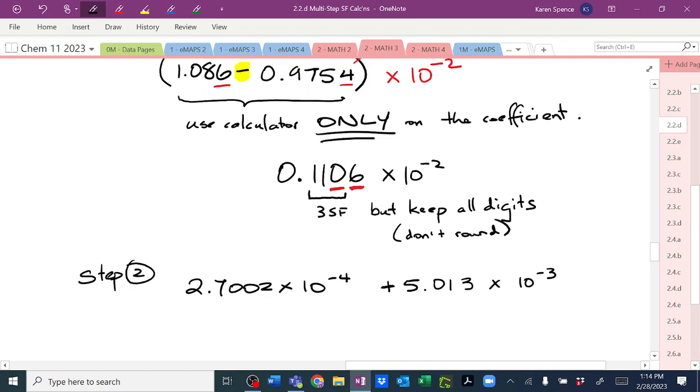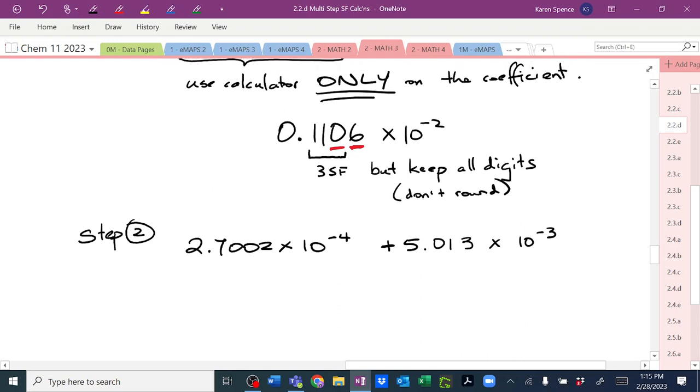Again, we are adding things with powers of 10, and so they have to be to the same coefficient, which right now they are not. Last time I went to the higher power of 10. This time to make it different, I'm going to go to the lower power of 10.